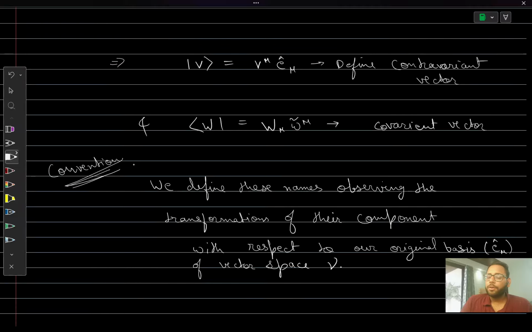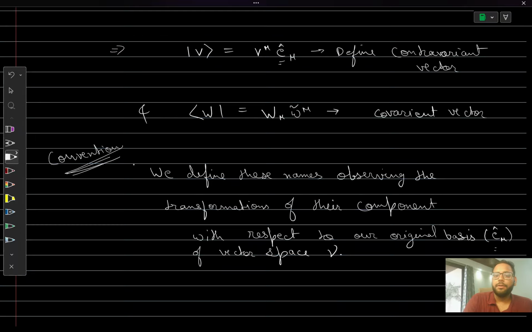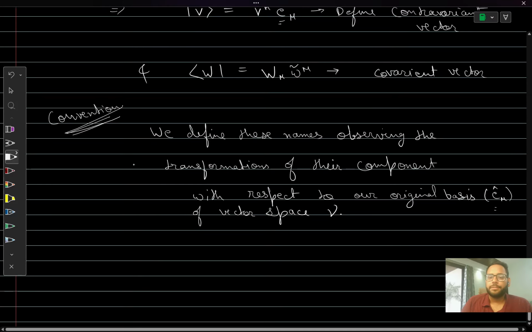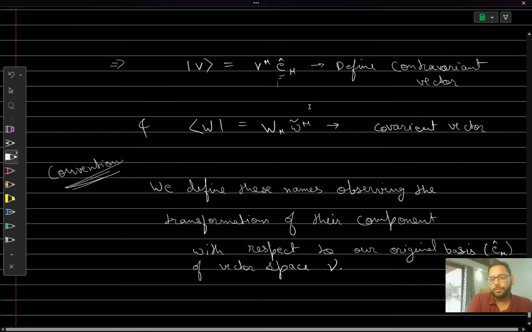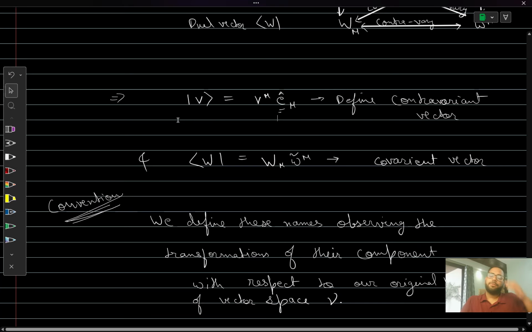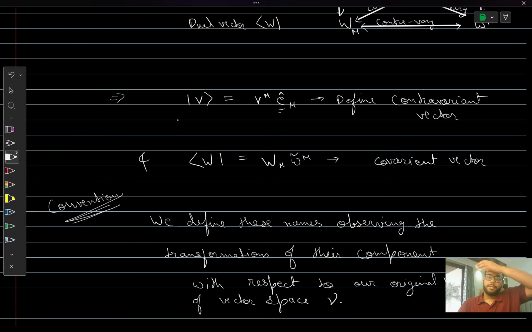The components of the covariant vector will co-vary with the basis vector of the original vector space. I hope this is not producing any confusion. We define these names with respect to the original basis only, not this basis.